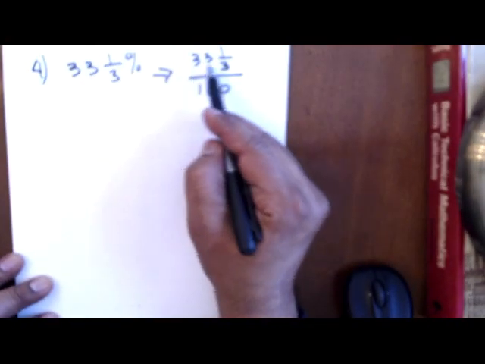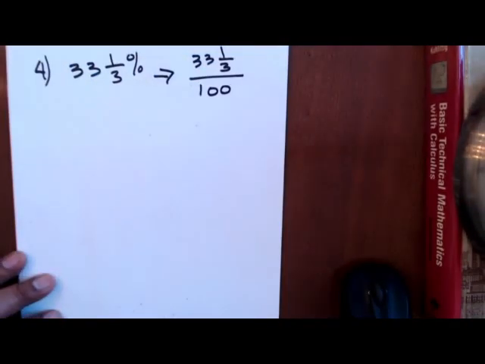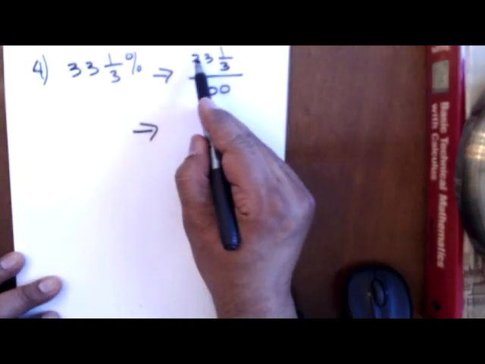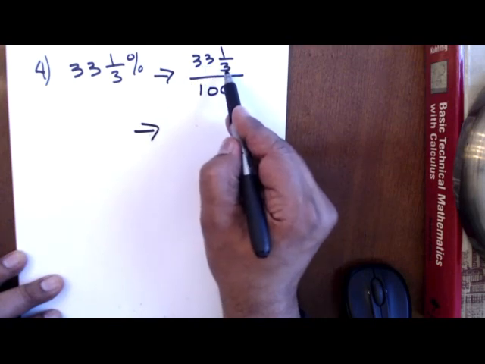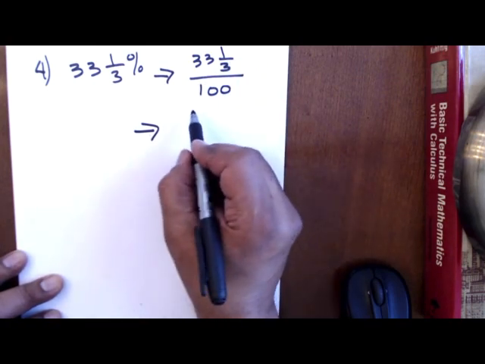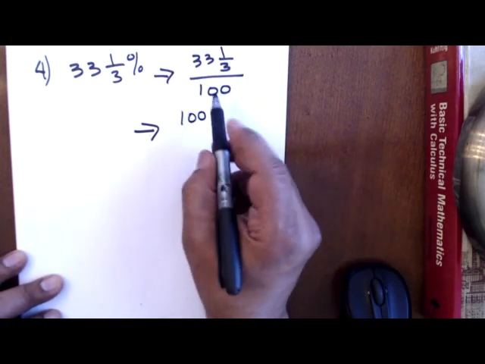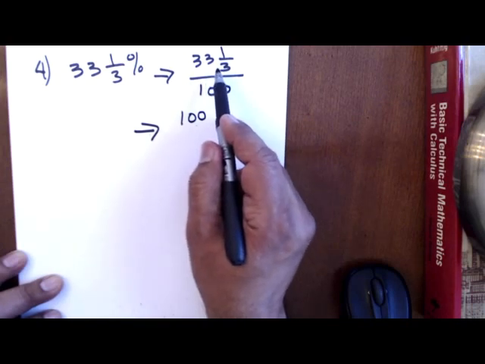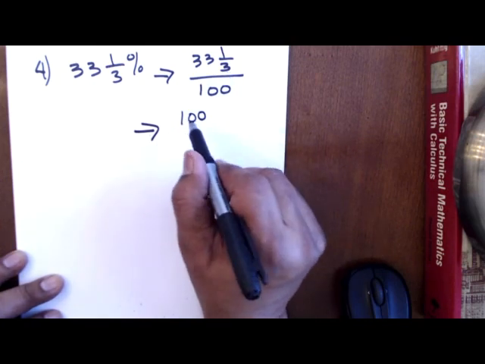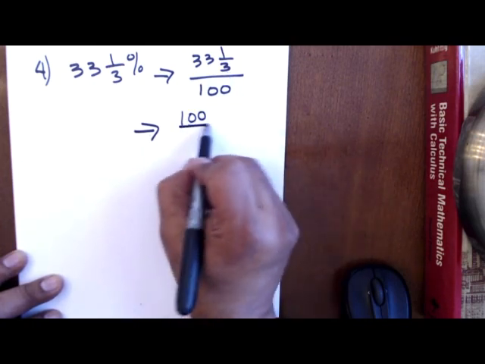So that's the ratio that we have calculated. Now we can convert this number into a fraction, and to do that we multiply 33 times 3, which gives us 99, and we add 1, but we retain the denominator, so we get 100 over 3.